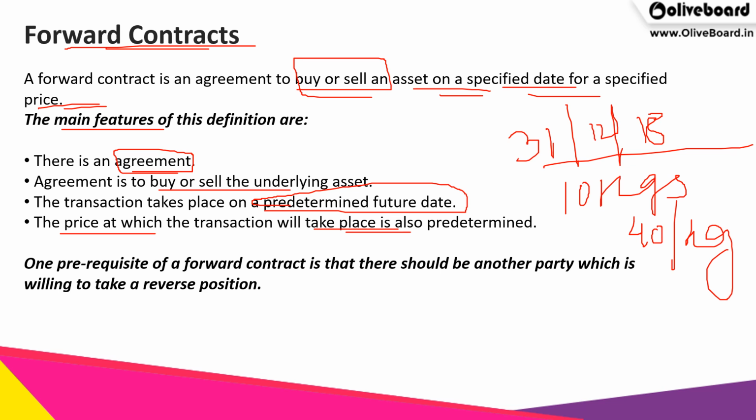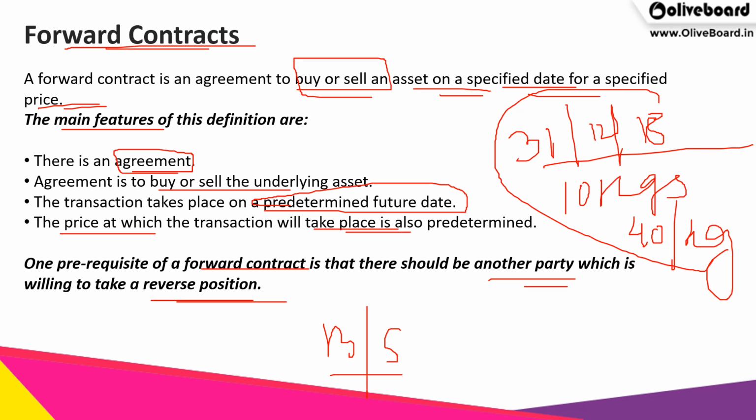Everything is in detail, it is all defined. The only prerequisite of a forward contract is that the other party should be willing to take a reverse position. So if we have one buyer, we should have a seller to agree to the same conditions.